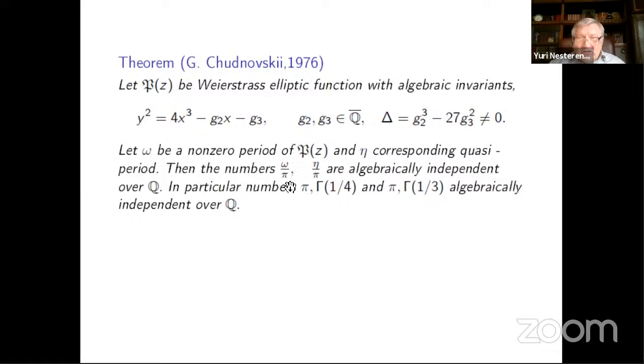Then these two numbers, omega over pi and eta over pi, are algebraically independent. In particular, the numbers pi and gamma(1/4), these are for special values of these invariants, and the numbers pi, gamma(1/4) and pi, gamma(1/3) are algebraically independent over the rationals.